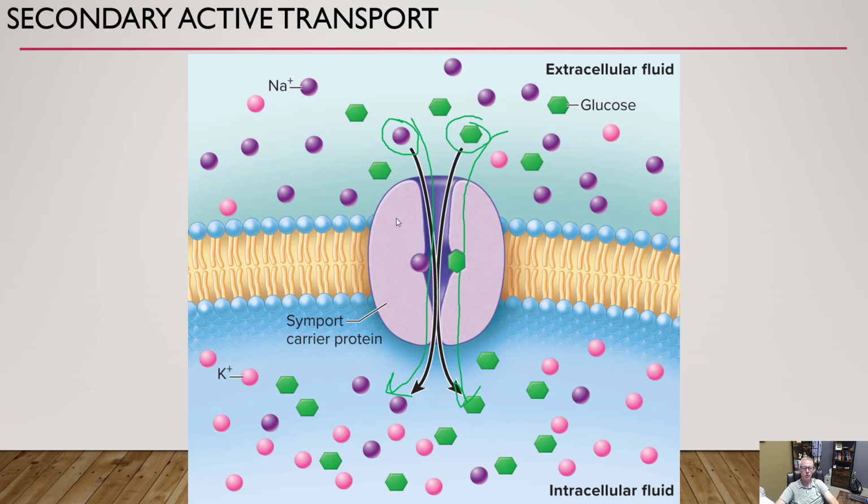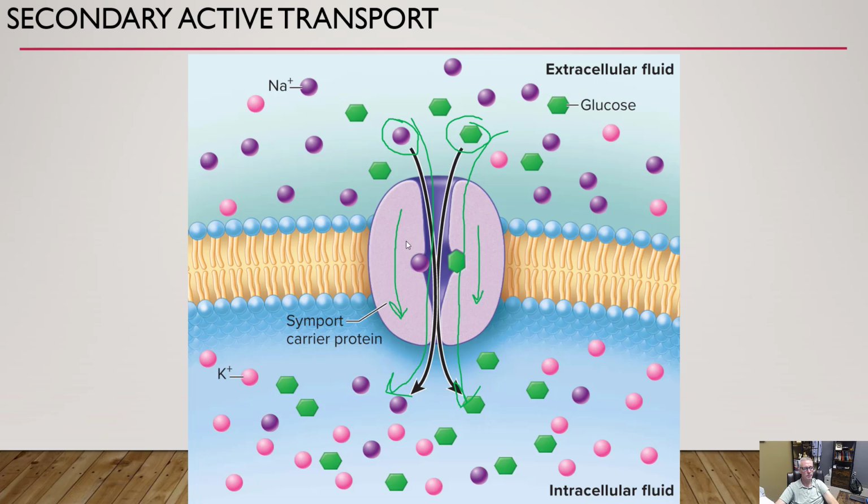So the body is good about not using energy when it doesn't have to. In this example, the body's already bringing in sodium under facilitated diffusion. So why not go ahead and bring in glucose as a hitchhiker?